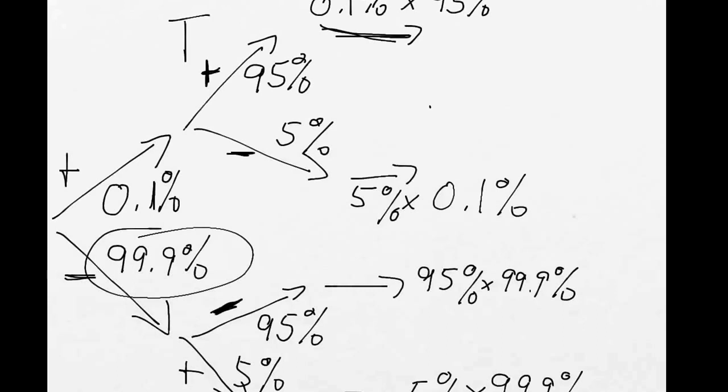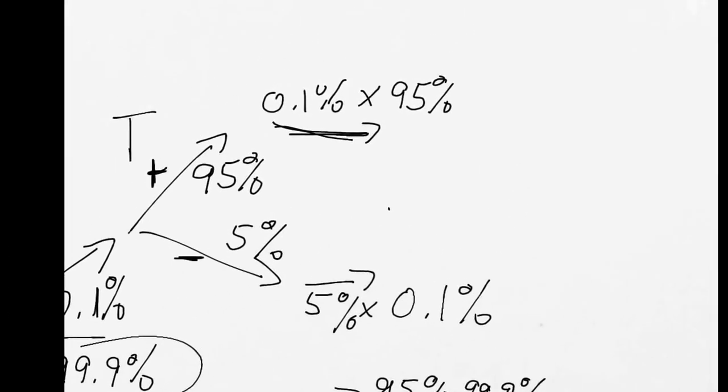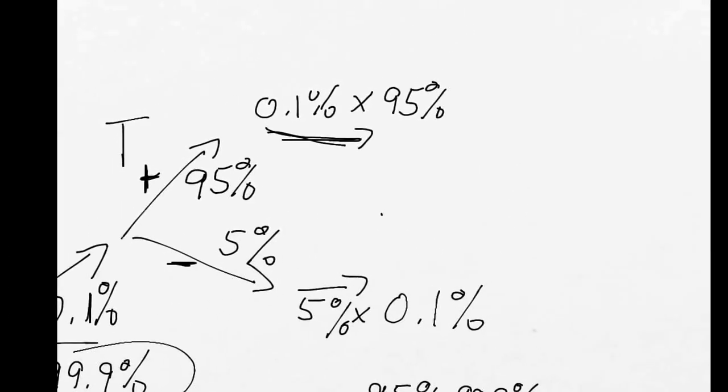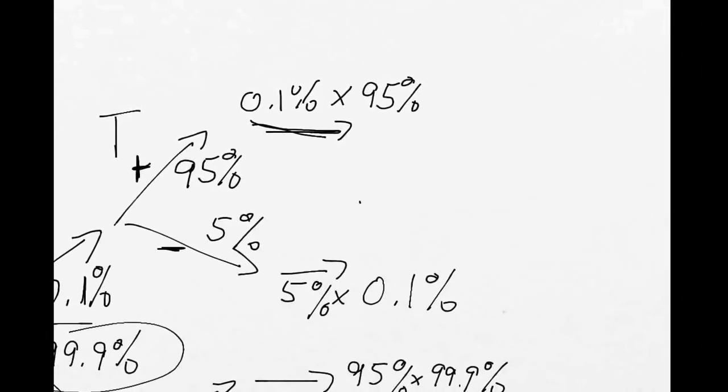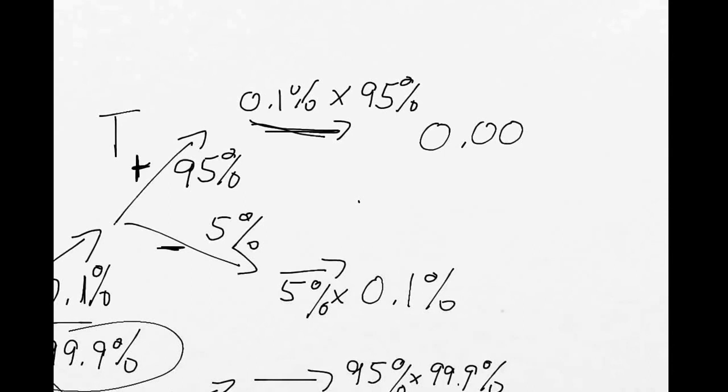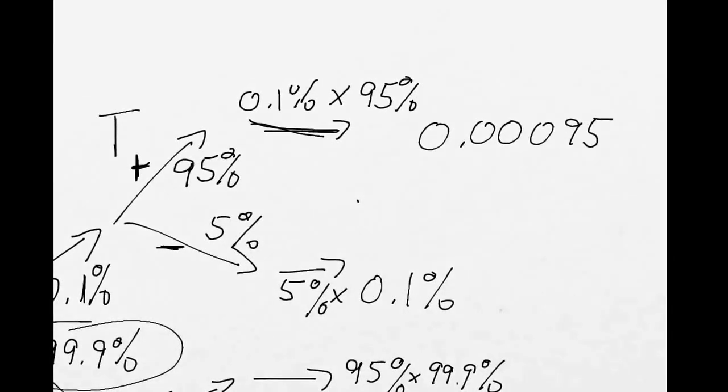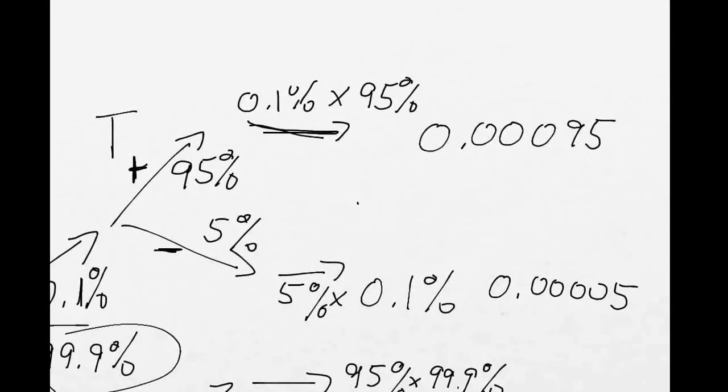And I have done the calculations. I hope I have done them right, so somebody might want to check. So if you do 0.1% times 95%, you get 0.00095. Is that right? Yeah? For this one, you get 0.00005.